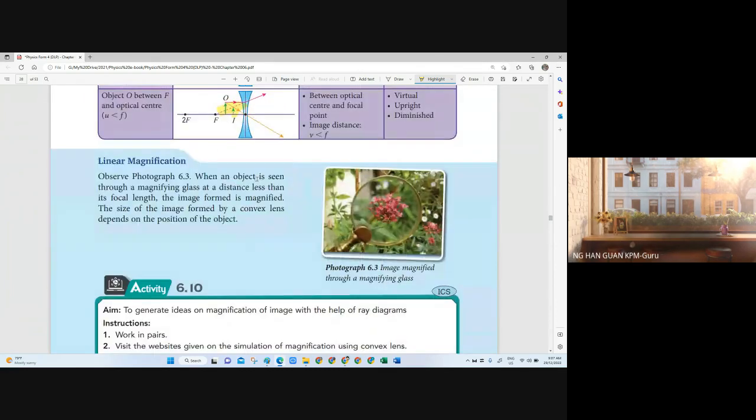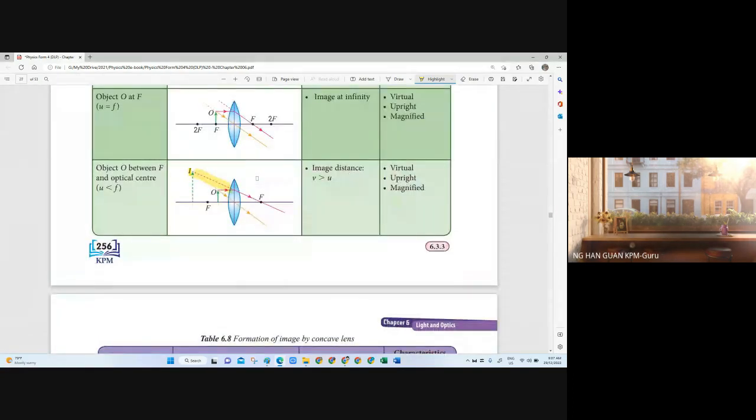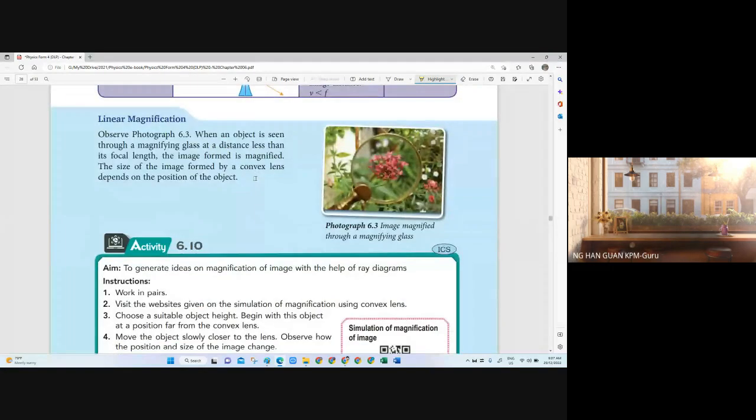The next one: from the image that we draw, we notice that the size of the image is changing. The size of the image changes depending on the object distance. Due to that, we have an equation for calculating the magnification of the image. This is called linear magnification for a single lens, and it doesn't only count how much the image will be magnified.